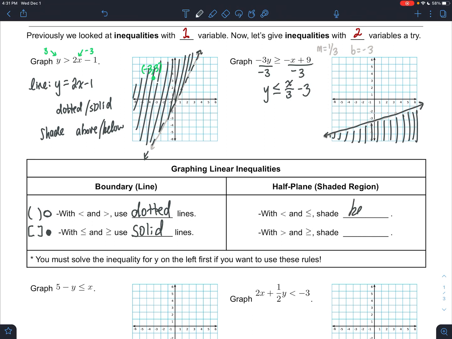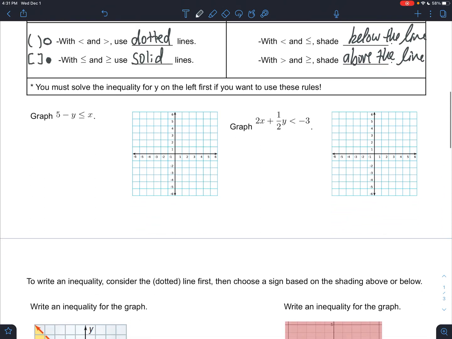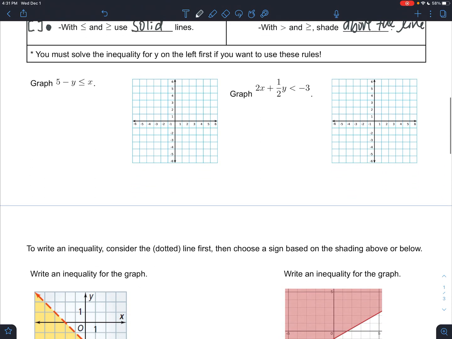It all means the same. If you have a less than sign, you're going to shade below the line, and if you have a greater than sign, you're going to shade above. You must solve the inequality for y first if you want to use these rules.